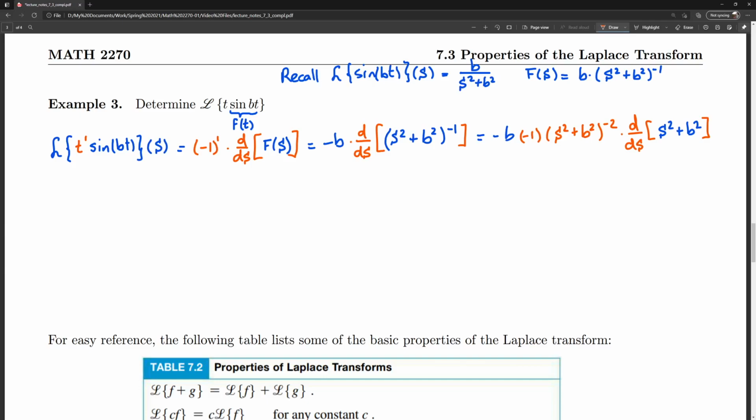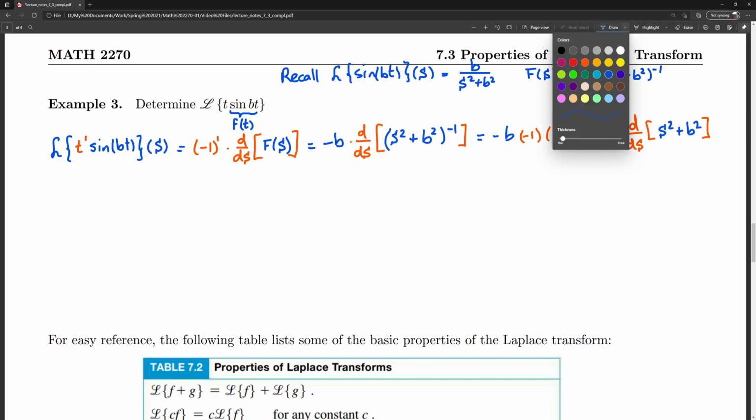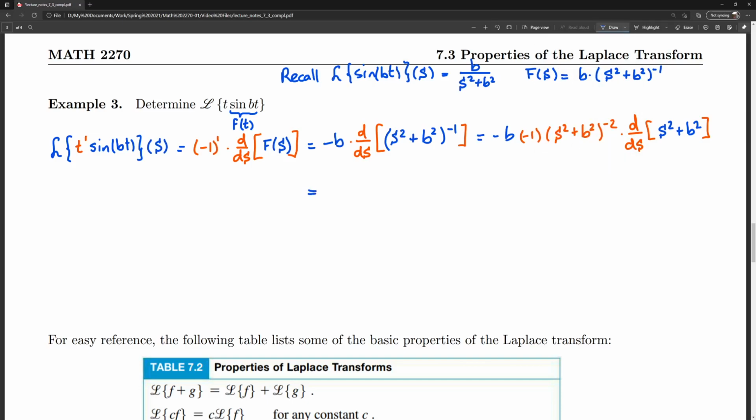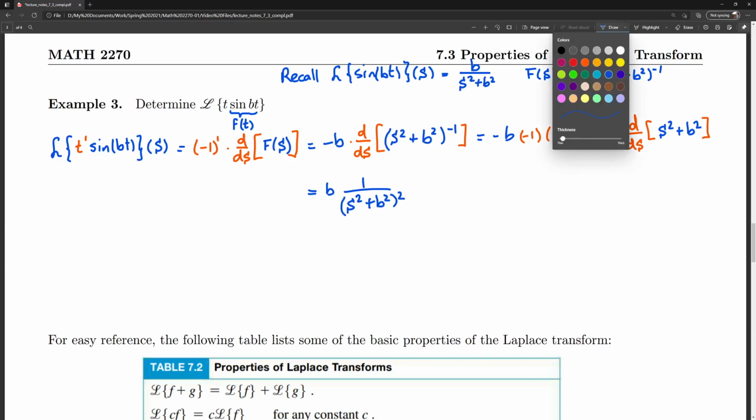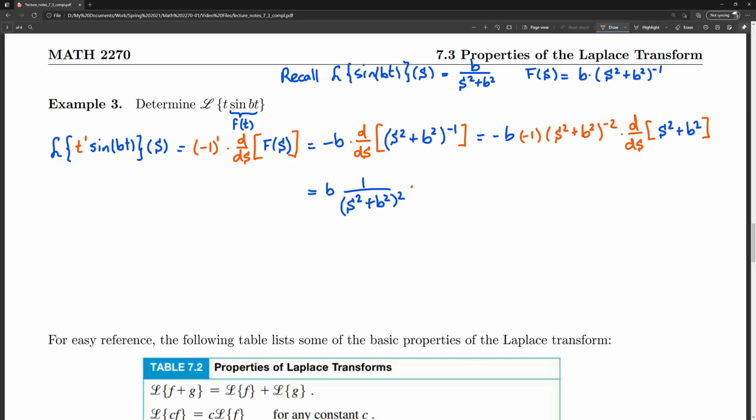So let's combine what we have so far. We have negative b times negative 1. That gives us positive b. And then we have 1 over s squared plus b squared, squared, and then the derivative of that is times 2s.